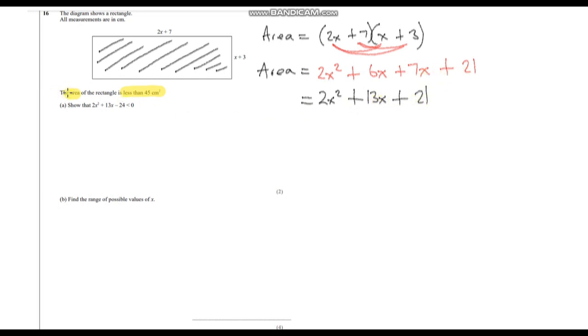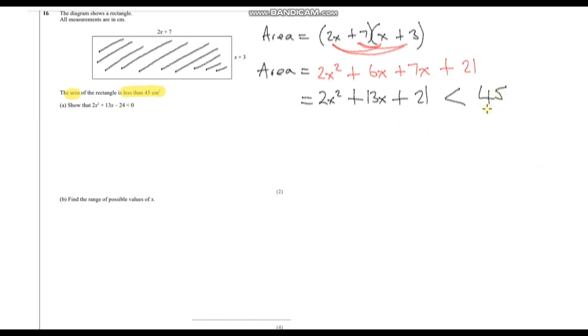Now, if we look here, it says the area of the rectangle is less than 45 centimeters squared. So we can say that that is less than 45. And now if we look at our inequality here, the only thing that's different is on the right hand side we've got 0, here we've got 45.